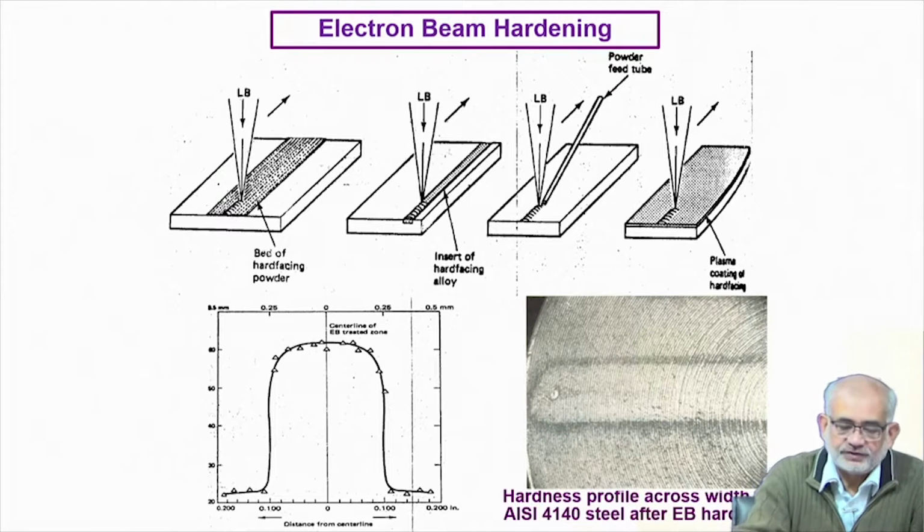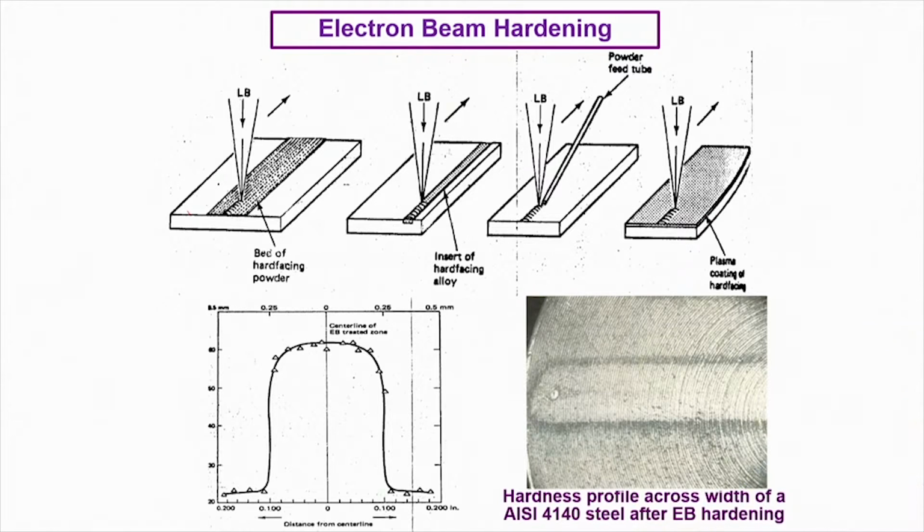Obviously, if you want to harden the entire surface or create a coat, then you start with a certain layer, and then you go layer by layer and make it wider. When you have done the whole surface, you will definitely see a certain level of overlap. If this is a particular layer, the next layer will not begin exactly at this interface, it will begin somewhat here.